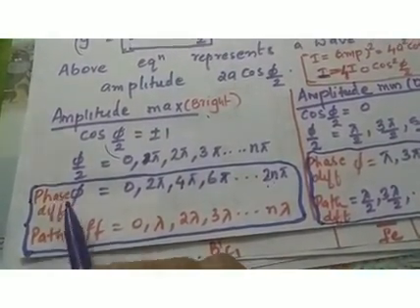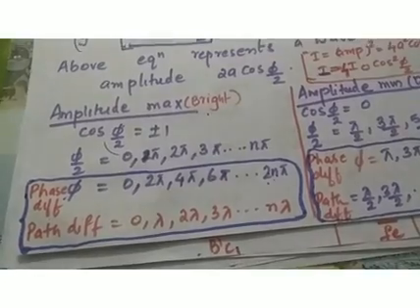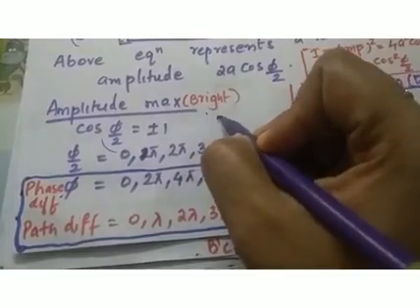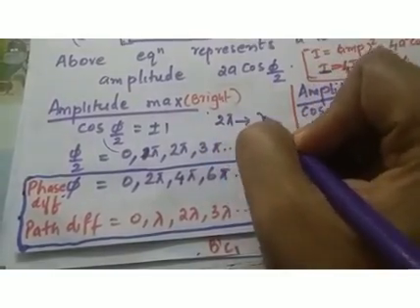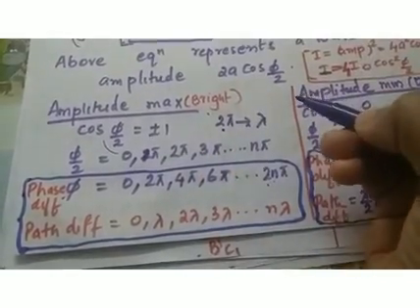Similarly, from the phase difference, we can find the condition for path difference. How? See, a phase difference of 2 pi corresponds to a path difference of lambda. So a phase difference of 0 corresponds to a path difference of 0. A phase difference of 2 pi corresponds to a path difference of lambda.